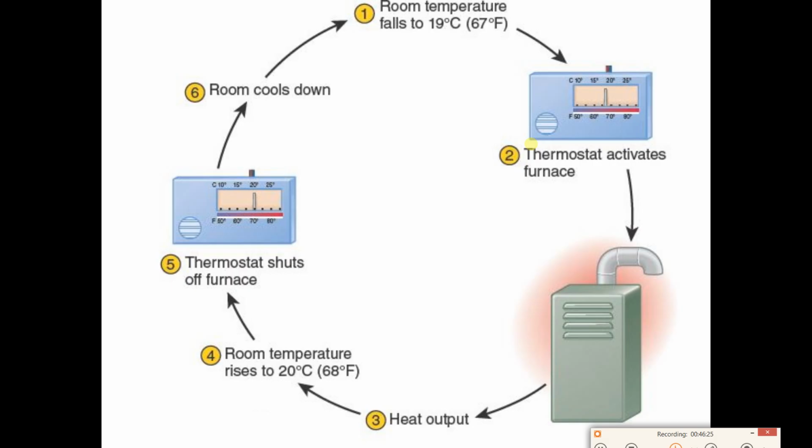Then the thermostat is going to tell the effector, in this case, the furnace here. I like this furnace here. It's kind of interesting drawing. The furnace is then going to be the effector. It's going to correct the change in the variable by outputting heat, bringing the temp back up. And notice that then the system shuts down, right? It's a self-ending cycle here, which is pretty cool. So that is an example in your house.